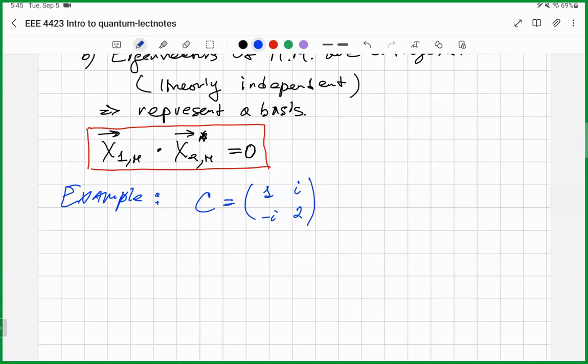So this is the simplest possible Hermitian matrix. Why is it Hermitian? Because complex conjugation gives us minus here and plus here, and then when you transpose, it coincides with the initial matrix.